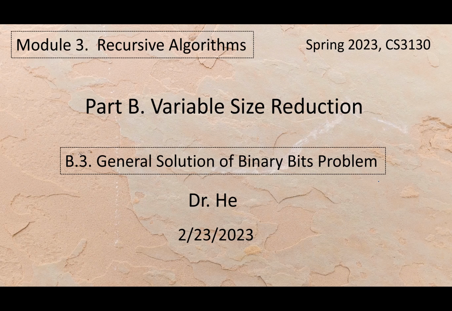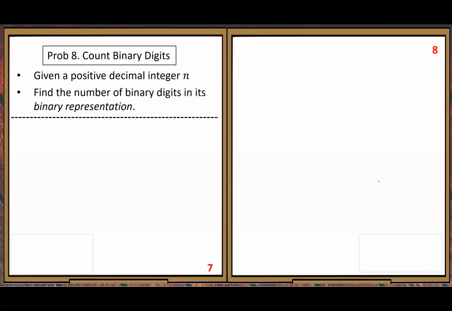In this one, we need to do a lot of math. Remember the count binary digit problem, where we did a special case where n is a power of 2.